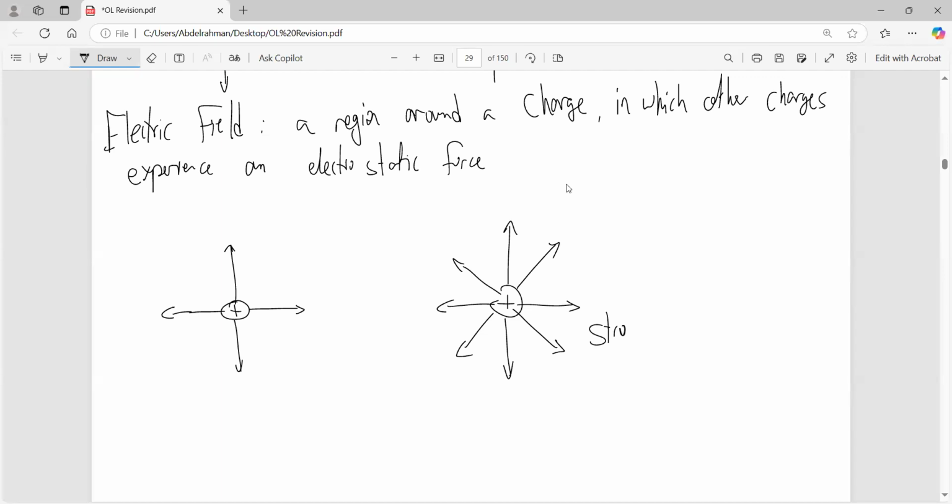This is the stronger and this is the weaker field. Why? Because of the number of lines, or the distances between the lines. When the distances between the lines decrease, the field becomes stronger.